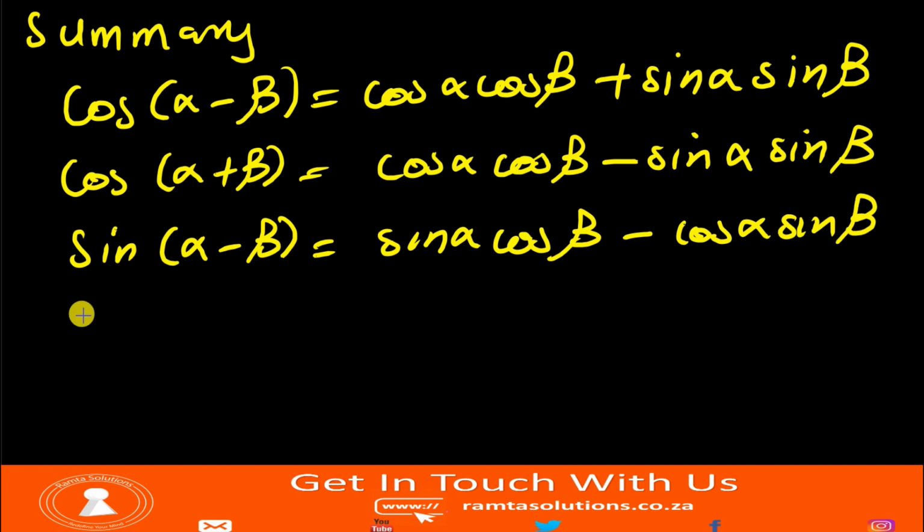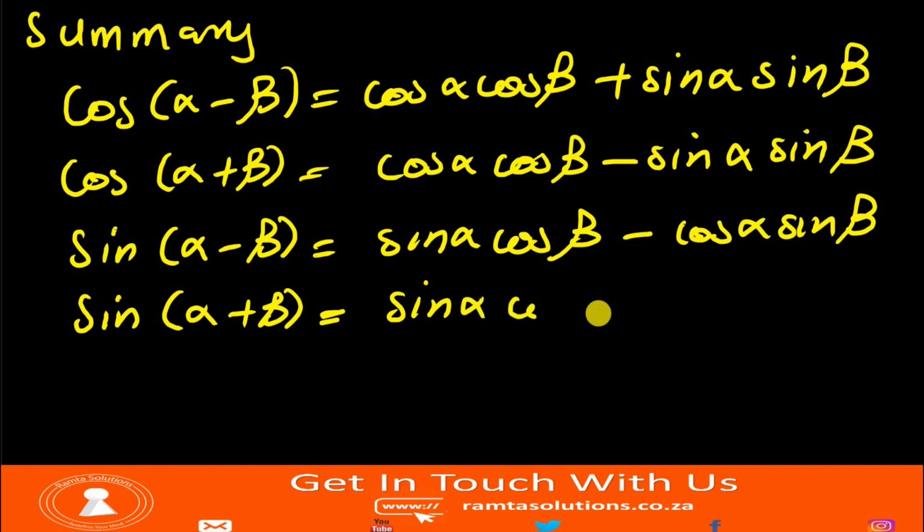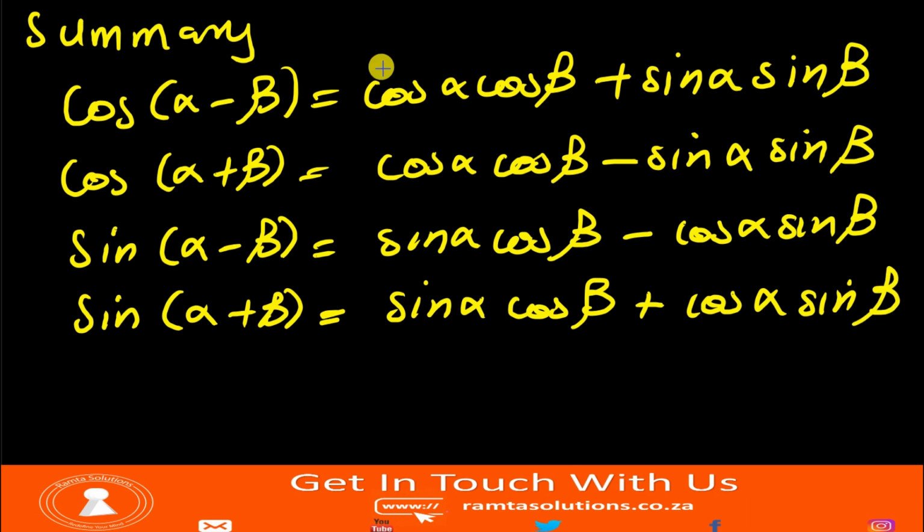And then sine alpha plus beta will be sine alpha cos beta plus cos alpha sine beta. So these are your compound angles.